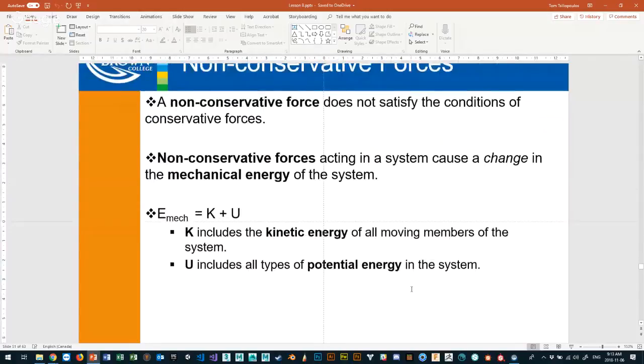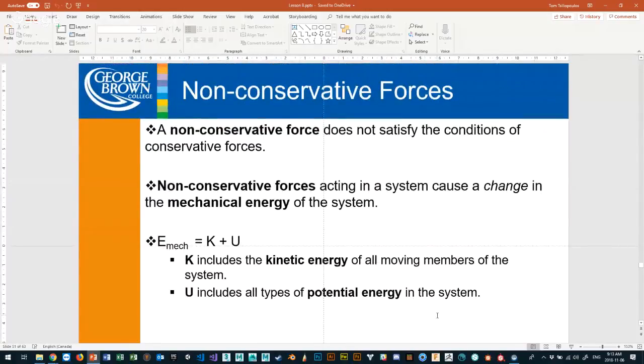So the way it works is this. There are conservative forces and non-conservative forces, right? And usually non-conservative forces have to do with me moving something, right? I've got mechanical energy, right? The change in mechanical energy. Remember, mechanical energy is the total potential energy plus the total kinetic energy. That's the mechanical energy, right?